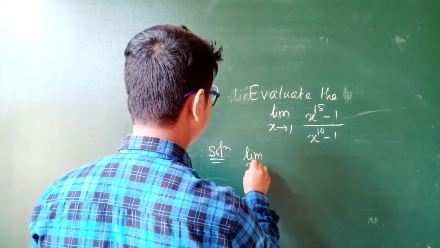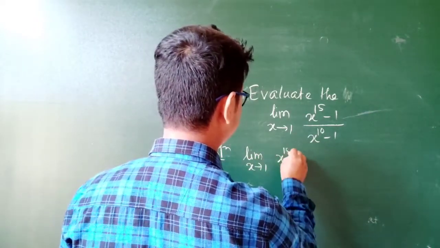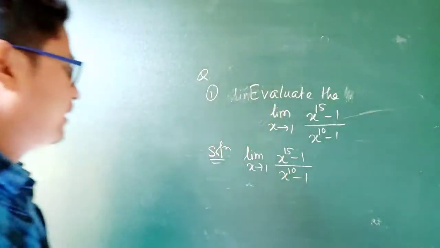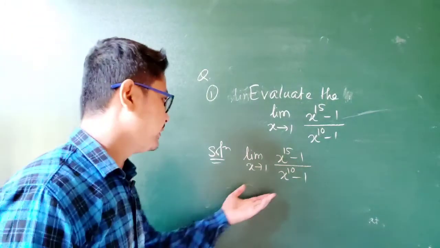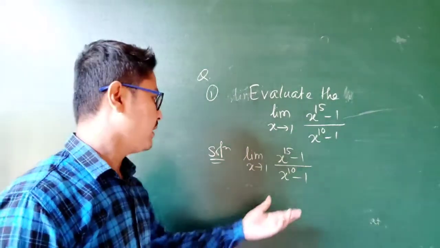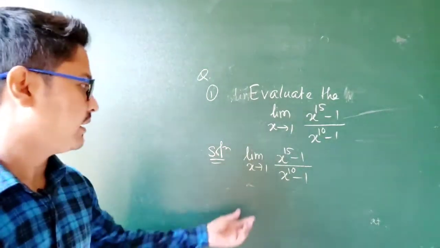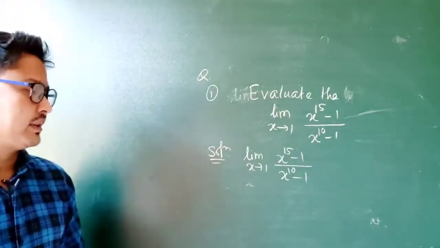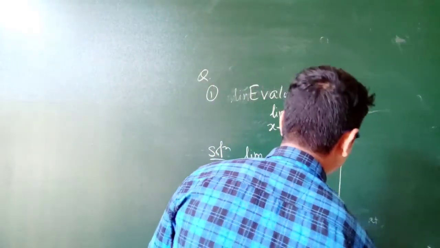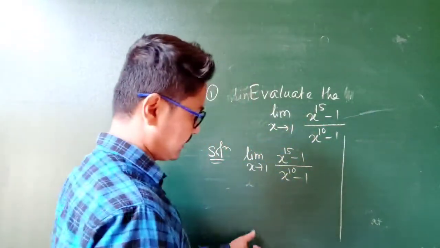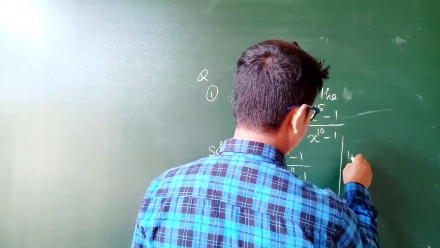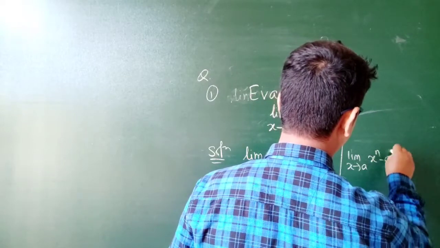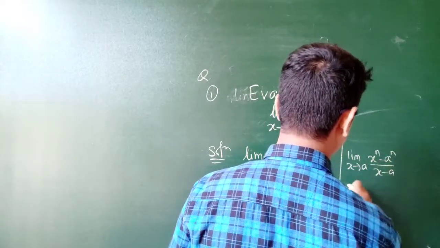Given limit is limit x tends to 1 x to the power 15 minus 1 divided by x to the power 10 minus 1. Now you observe this function. The given function is of the form x to the power 15 minus 1 divided by x to the power 10 minus 1. Now you also observe the formula which I have already told. The formula is limit x tends to a x to the power n minus a to the power n divided by x minus a is what?